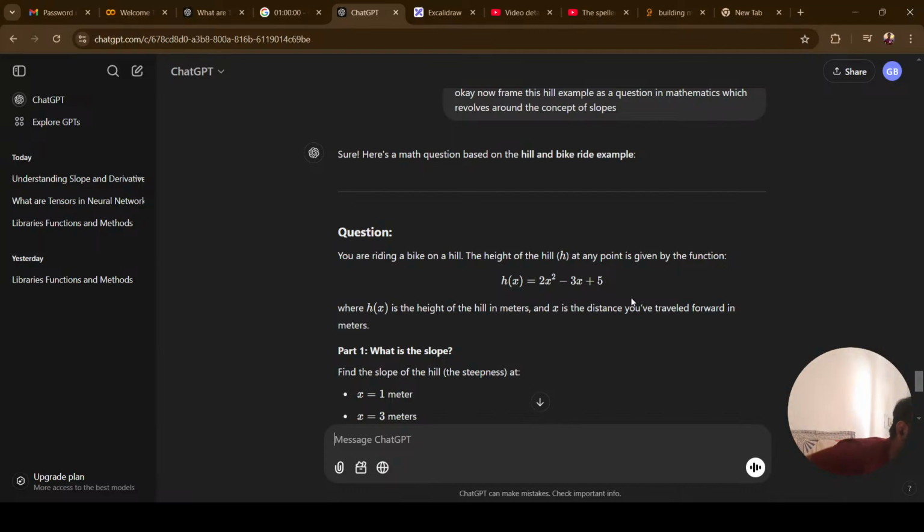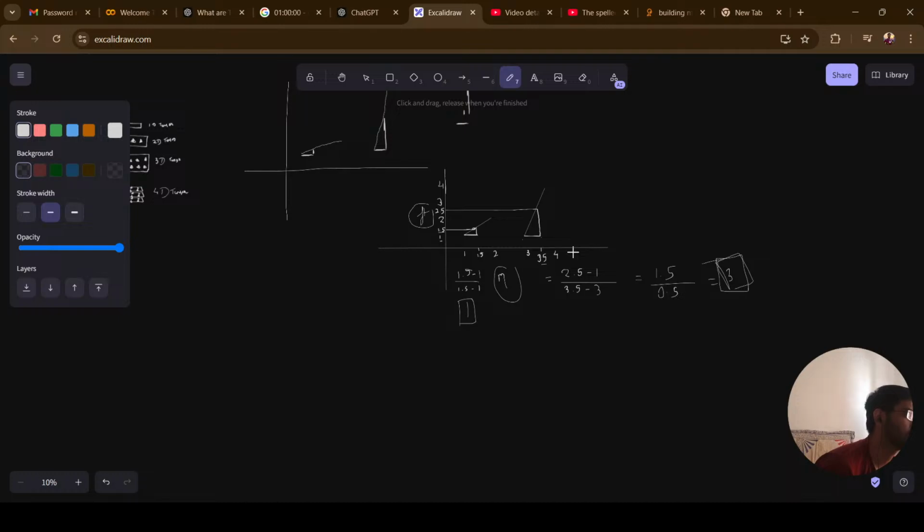So you are riding a bike on a hill, and the height of the hill h at any point is given by a function. Let's just do this here only.